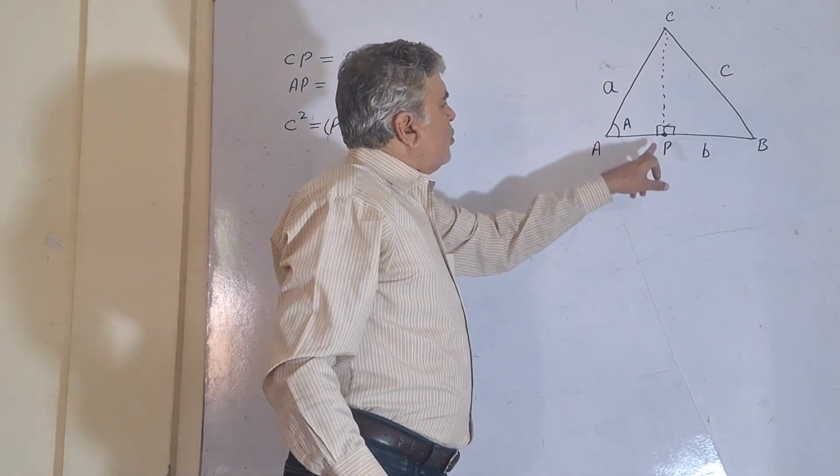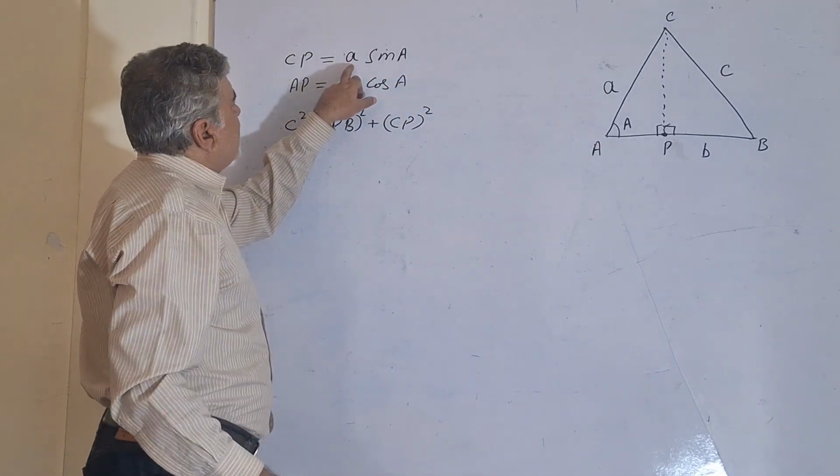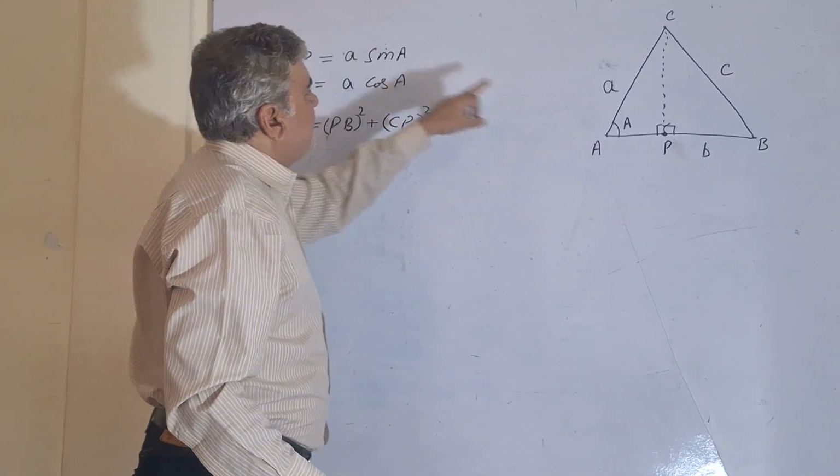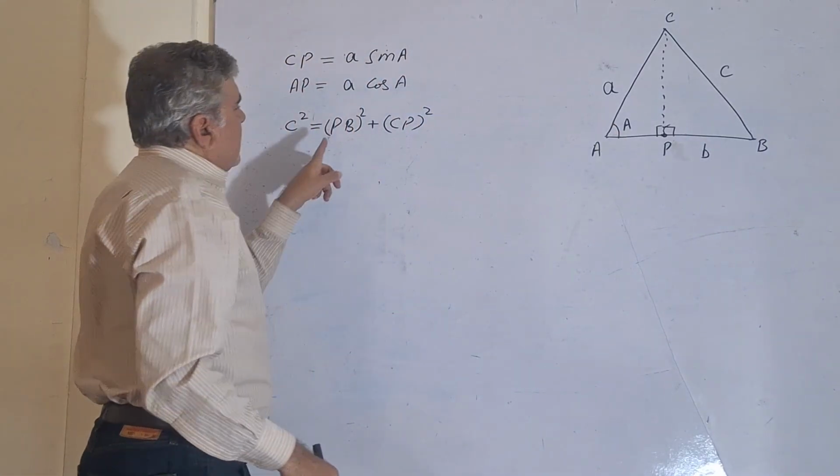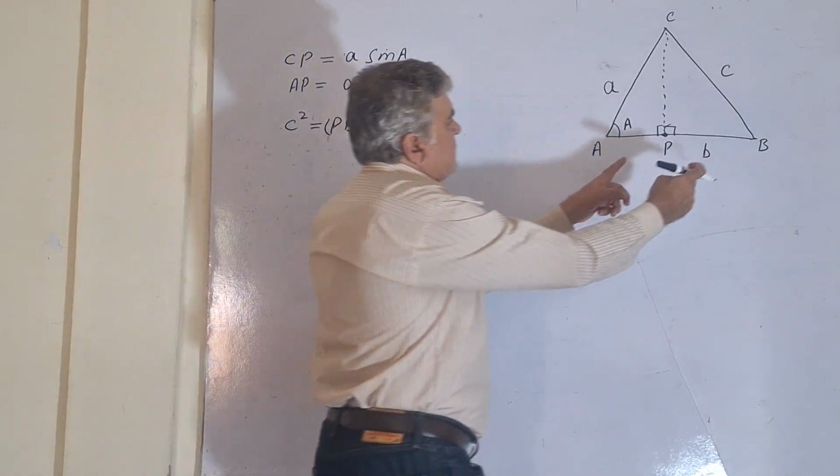Since we know the value of CP in terms of the two known parameters, that is the length of this side and the angle A at this corner, but we don't know PB, this length.